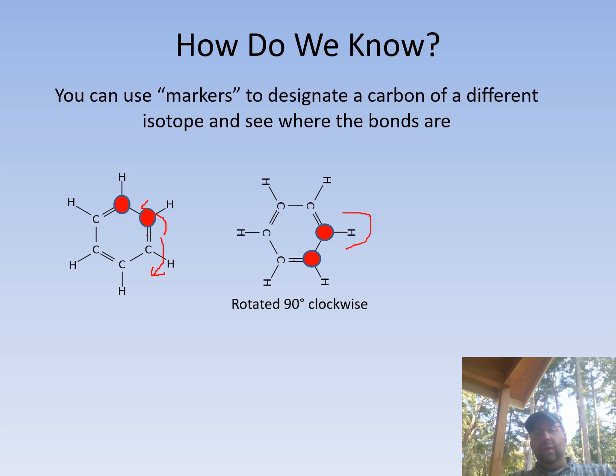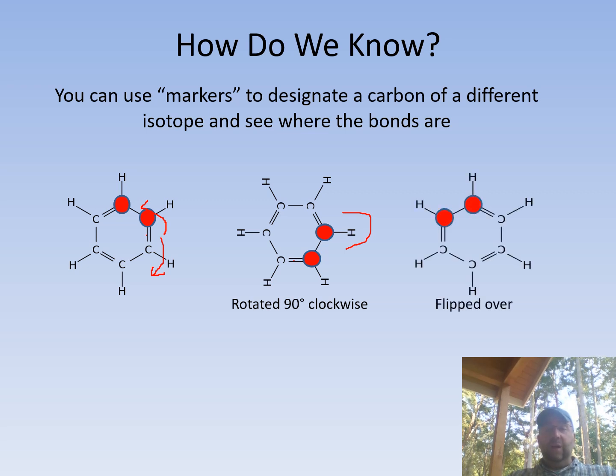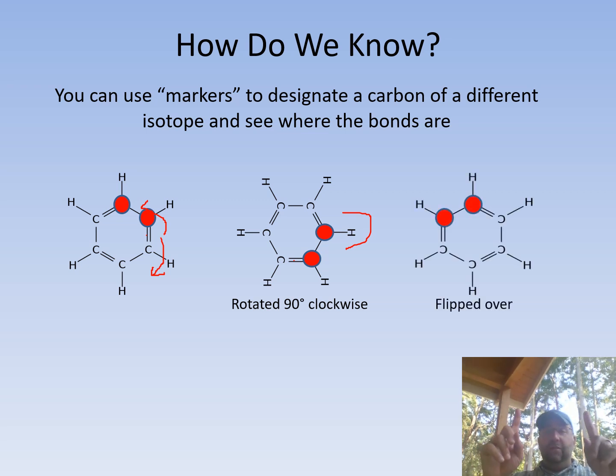So that's what it would look like if you rotated it 90 degrees. If we were to flip it around 180 degrees to make for a mirror image, it should look something like this, where that single bond between the two marked carbons simply flips to the other side. So if we flip it over, those two marked carbons ought to still be attached by single bonds.